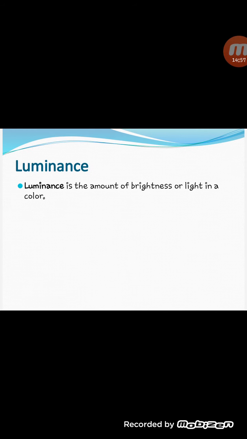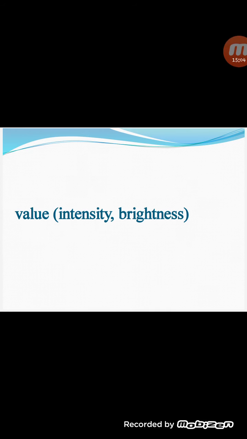Luminance. Luminance is the amount of brightness or light in a color. Value, intensity, brightness. Value in art has various meanings, but for the purpose of this lecture, we will be referring to value in relation to color theory.